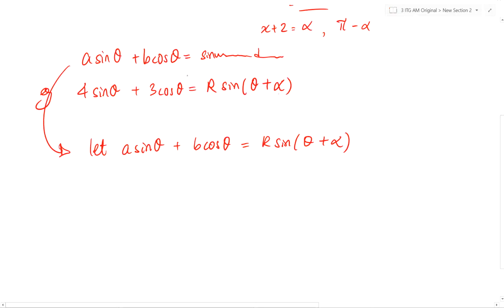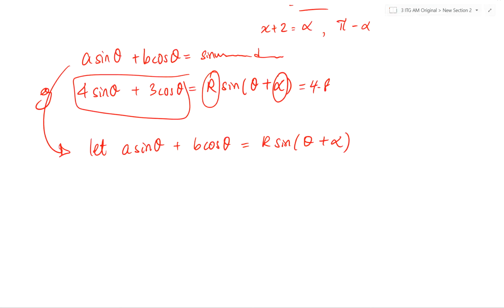Take note that I cannot solve this equal to 4.8. I cannot. However, if I say that this is equal to 4.8, do you think now I can solve it? Provided I know the value of R. Yes, I need to know R. What else do I need to know? Alpha. If I know R and I know alpha, and the right hand side is equal to 4.8, I will be able to solve it.